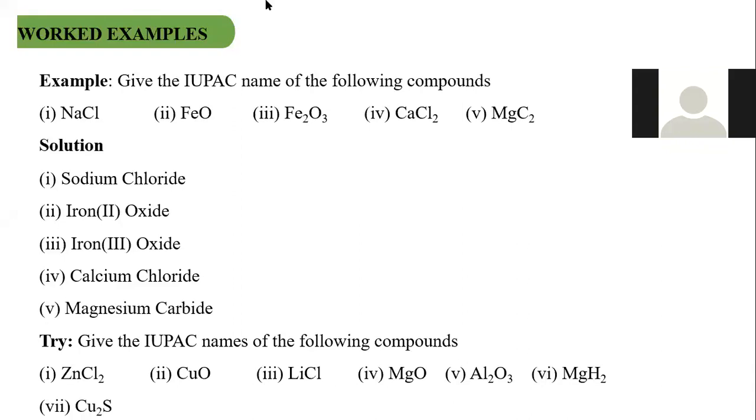If you've identified the element as one that shows variable oxidation state, then you need to go ahead and calculate the oxidation number. The numbers written at the bottom are subscripts. All the times, they are not their oxidation numbers. So you need to calculate and be sure.